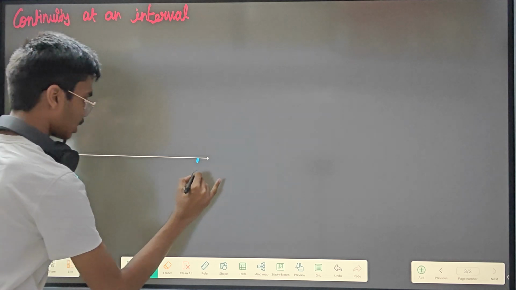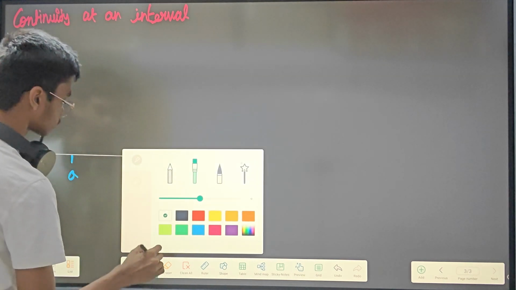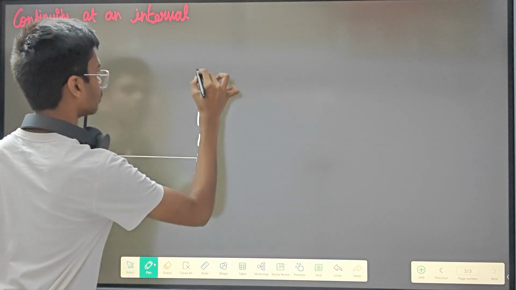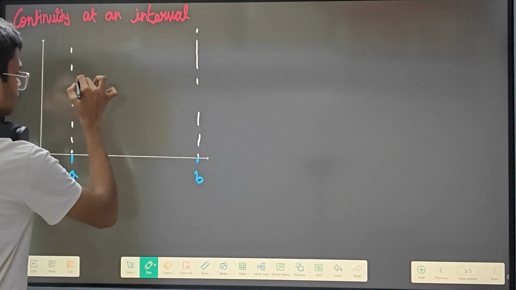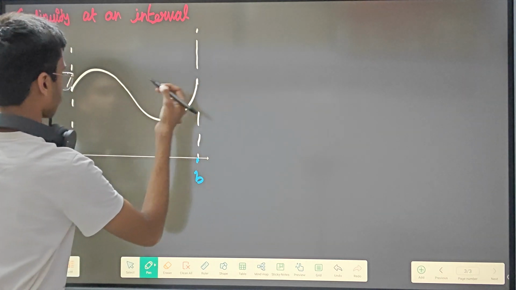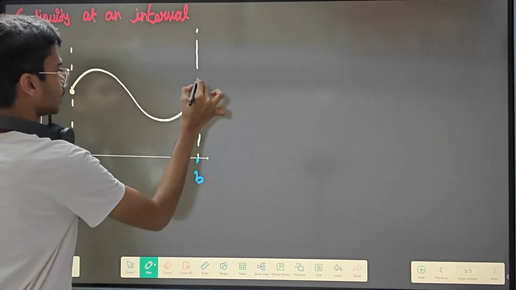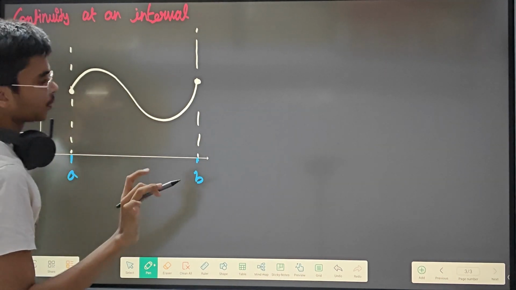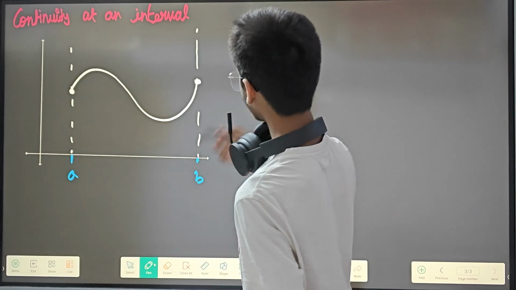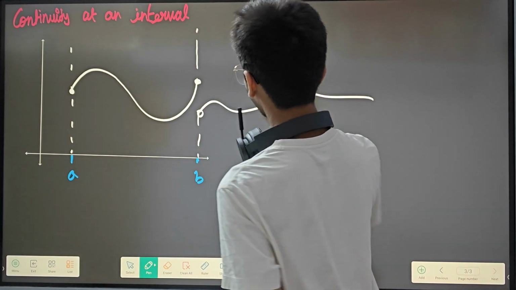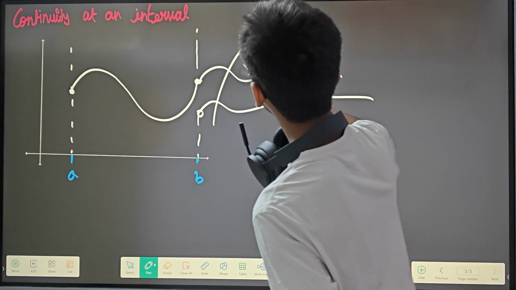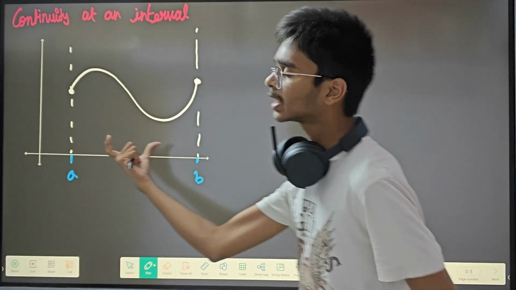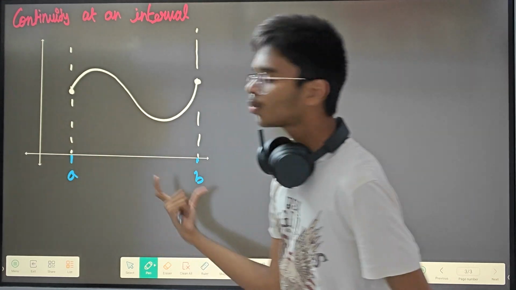Okay, let this be A and then let this be B. This is point A and then this is point B. Here also the same concept, no matter whether the graph exists from here to here or from here to here, it does not matter for us. You are not going to consider that one. Only you are going to consider the graph which is between point A to point B.